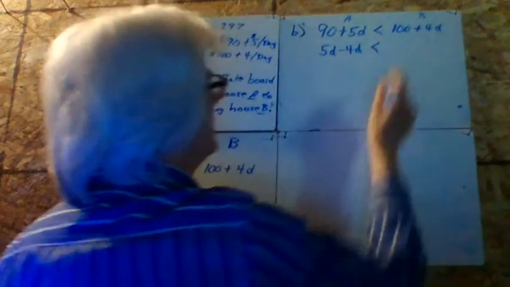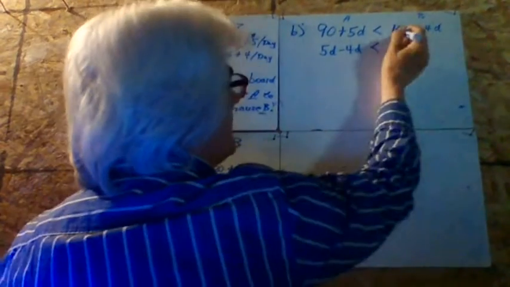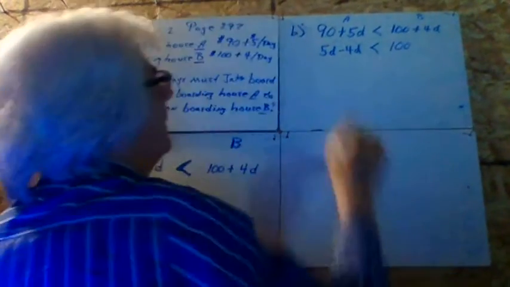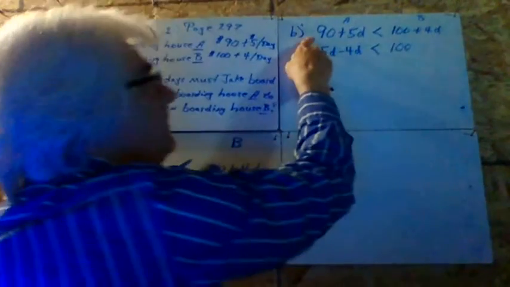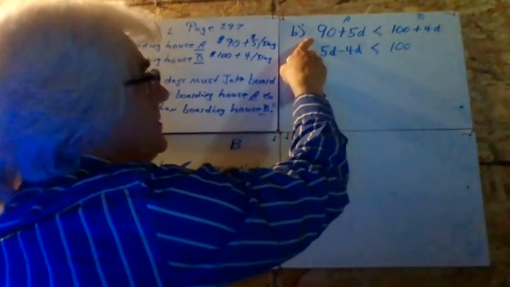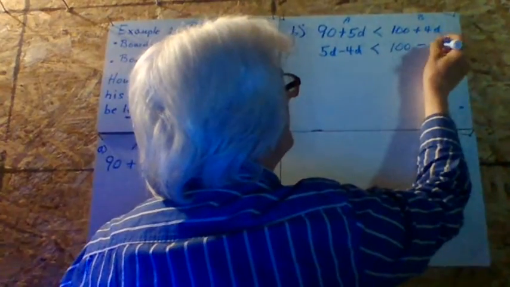The inequality sign stays the same. I have 100 here now. I'm going to move that 90 over to the right side. There's nothing in front of it. When there's nothing in front of it, it's the same thing as a plus 90. So it's going to come over as a minus 90.